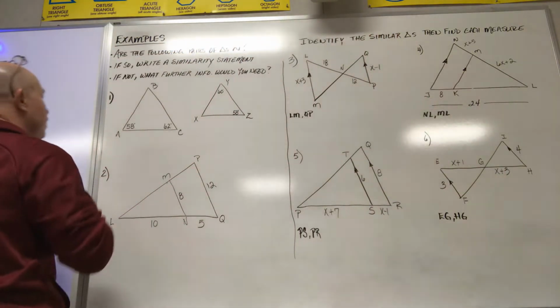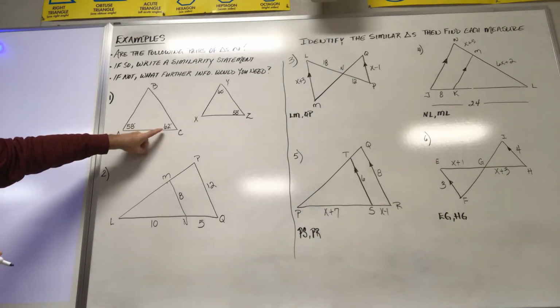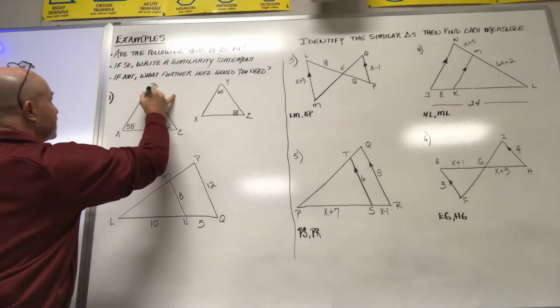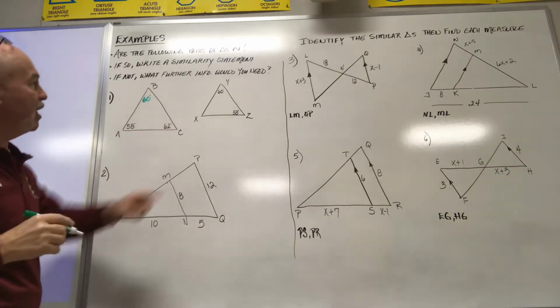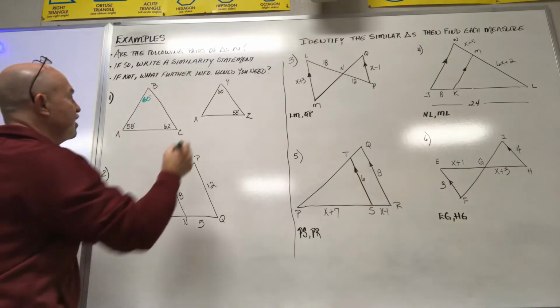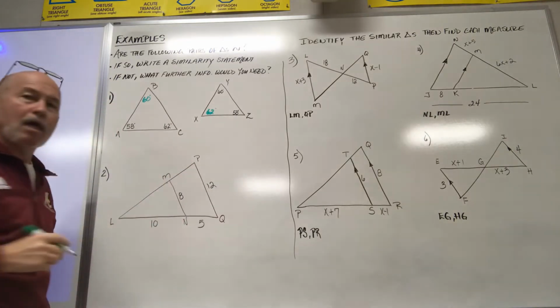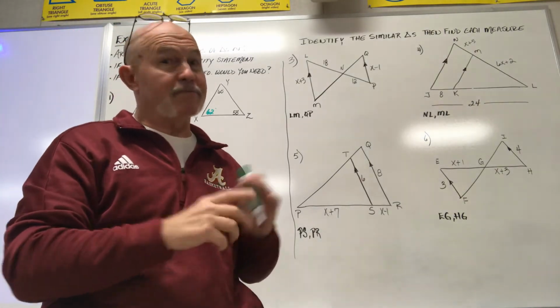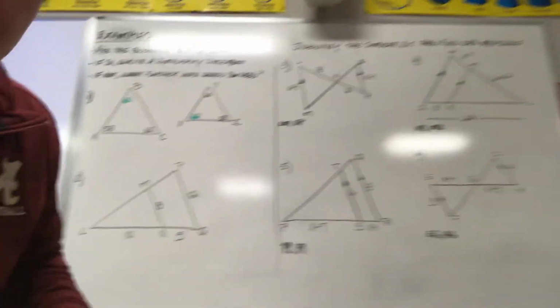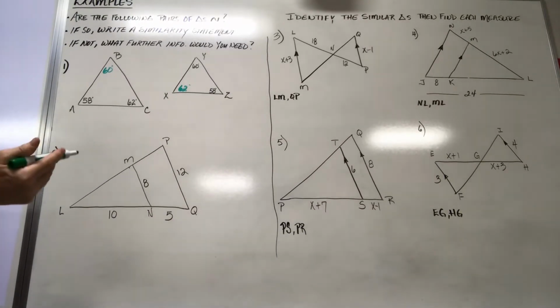So if I've got 58 plus 62, that means this is going to be 60. 60 and 58. I now have two similar triangles because I've got the angles that are equal. Maybe a little closer there. So, however you want to do it.